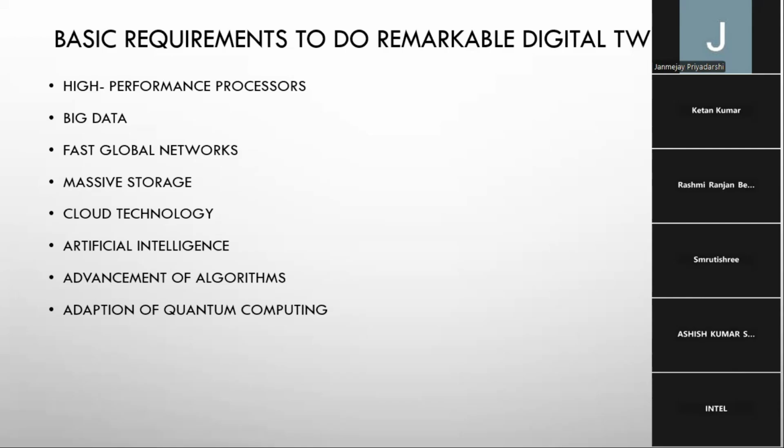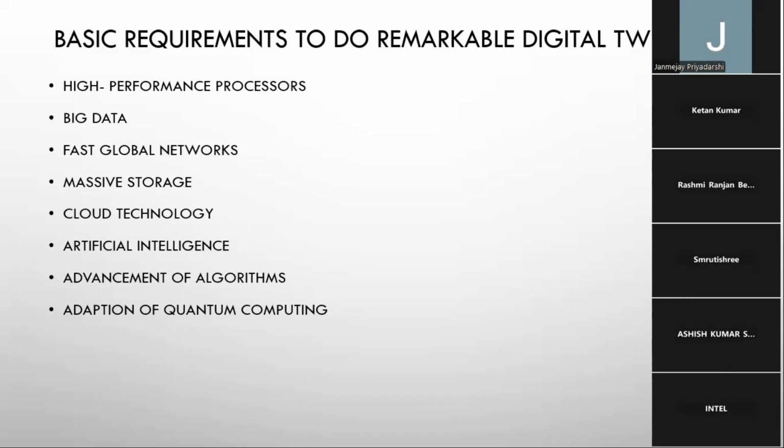Advancement of algorithms. Obviously, current algorithms are mostly specific to the classical computer, the single computer. They are not focusing on parallel processing and quantum processing, because when the data becomes very high, probably in some days, the classical computer will not be able to support it.